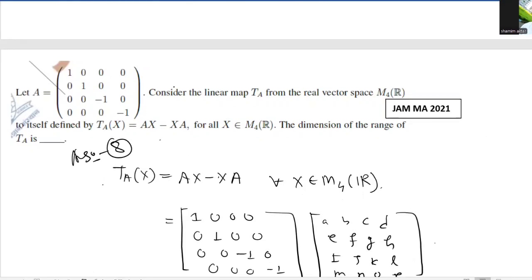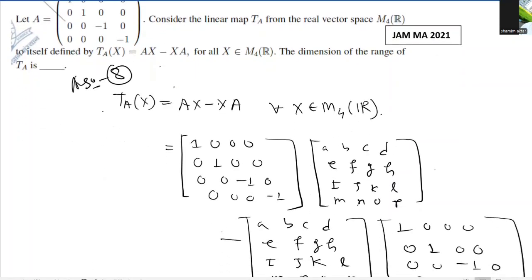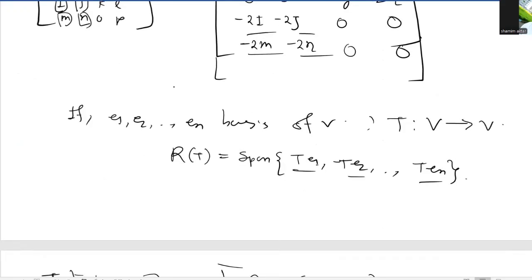Okay, now let us summarize this question. We already know that if E1, E2, ..., En is a basis of V and T is a linear operator, then the range set is spanned by T(E1), T(E2), ..., T(En). Okay, this is a famous result.